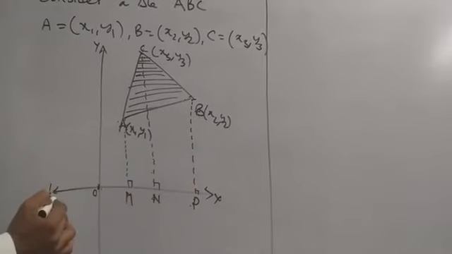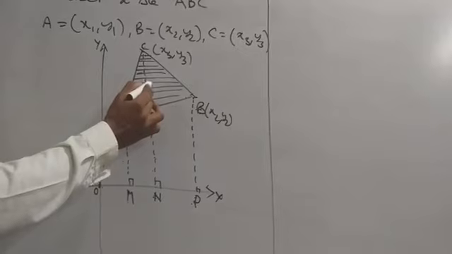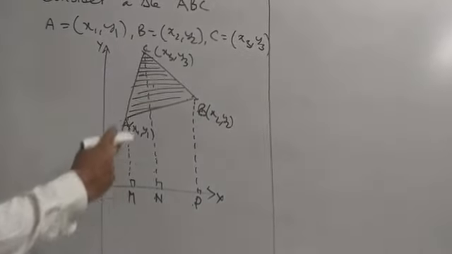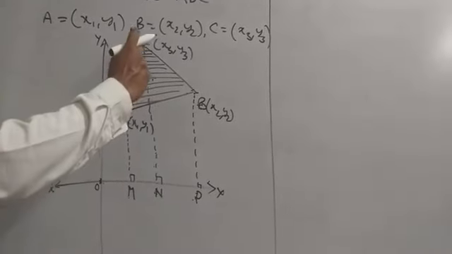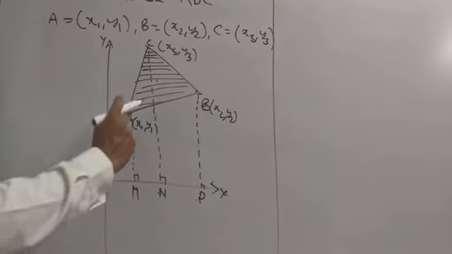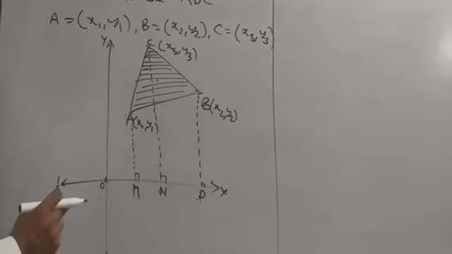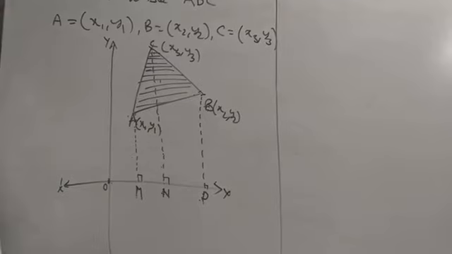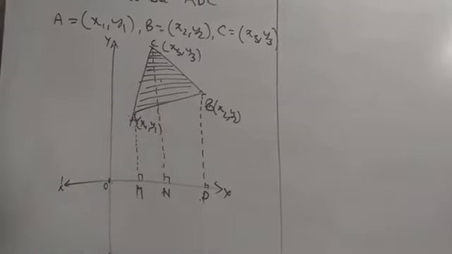Again, it is a trapezium. So, the area of triangle ABC is nothing but the area of trapezium AMNC plus the area of trapezium CNPB minus the area of trapezium AMPB. So, the entire triangle area can be expressed as an algebraic sum of these three trapeziums.